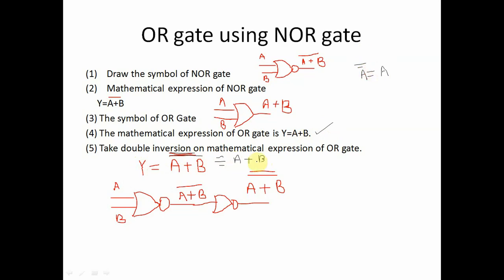Here how many bars are present? Two bars are present, so it is necessary to draw two NOR gates. The first NOR gate gives (a plus b) bar, and the second NOR gate gives (a plus b) double bar. So this final mathematical expression is converted into this circuit diagram.